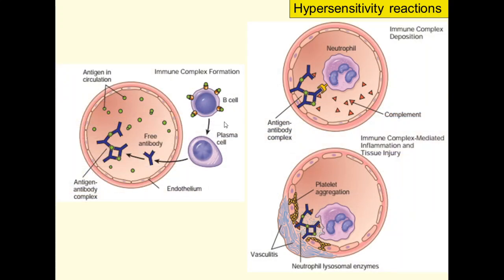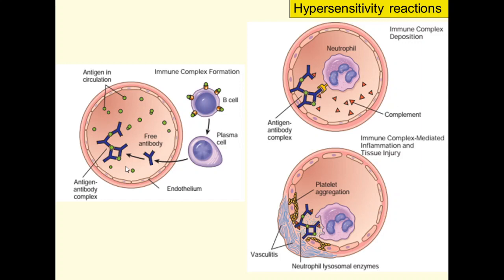So, classical appearance, you need to memorize this one. So we have firstly accumulation of antibodies. So firstly presentation of the antigen to B cell, then B cell becomes plasma cell, then plasma cell synthesizes antibody.